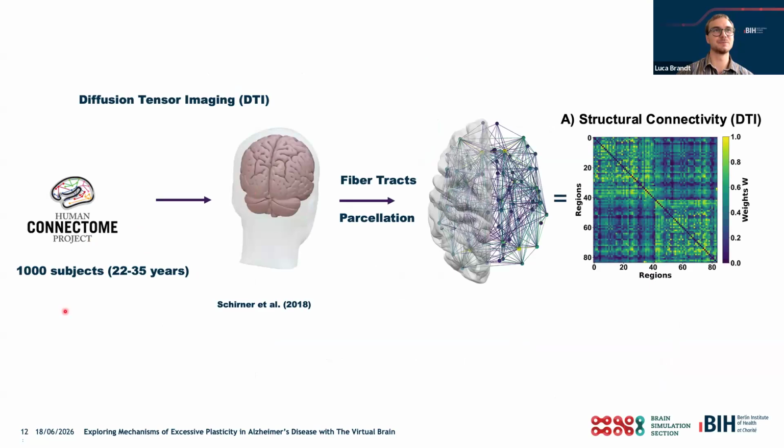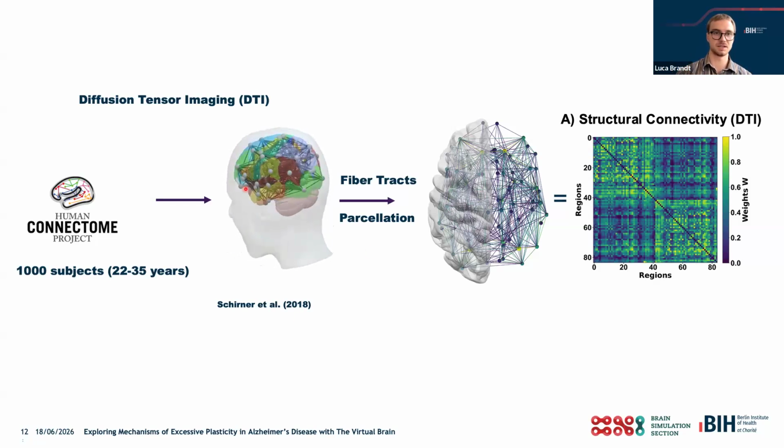So we took DTI data from 1,000 subjects in order to construct the structural connectivity matrix. And from DTI, we take the amount of white matter fiber tracts. And you apply a parcellation in order to use the fiber tracts as a metric of how strongly the brain regions are connected to each other.